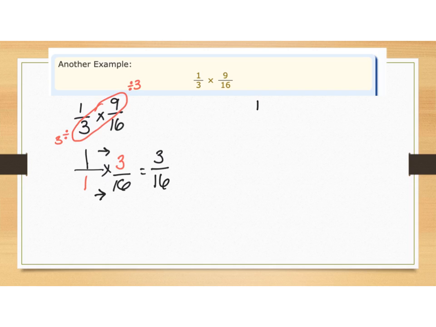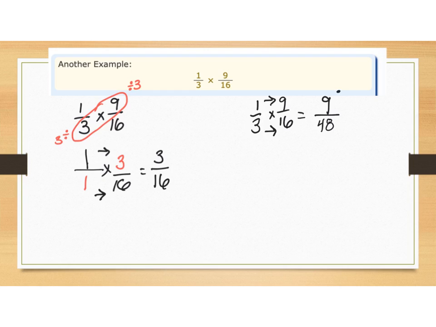Now let's say you did this problem without simplifying. If you were to complete this problem without simplifying, first you would multiply numerator times numerator. 1 times 9 is 9. And 3 times 16 is 48. But now you have to simplify the problem.